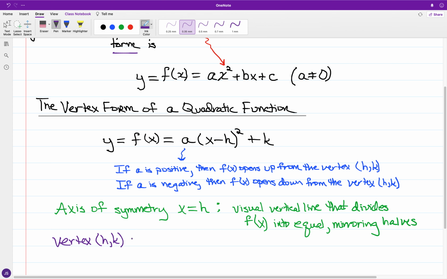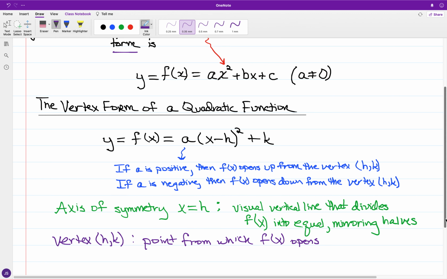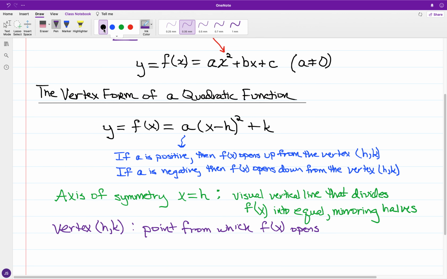And the vertex has the ordered pair (h, k), and that is the point from which the graph of the quadratic function is going to open. And to think about the graph of a quadratic function, there is a name for this.